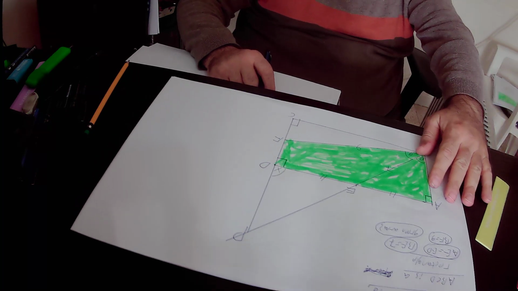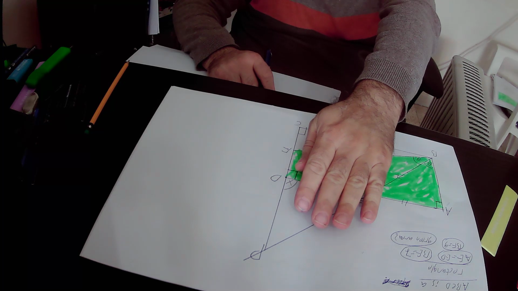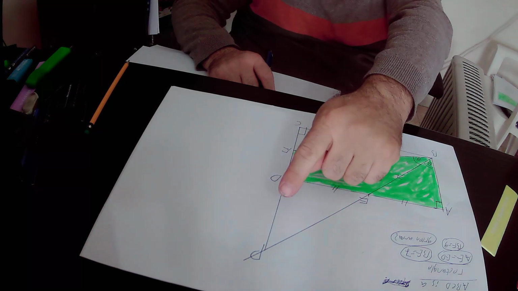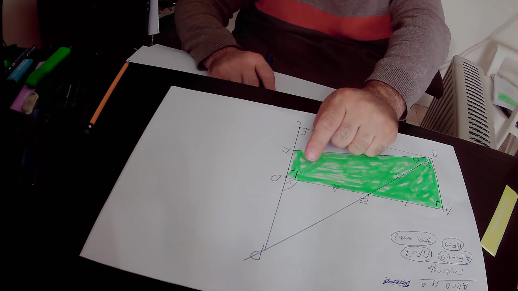And if we focus on this side of the straight line CP at point D, the sum of the angles must be equal to 180 degrees according to rule number 1.